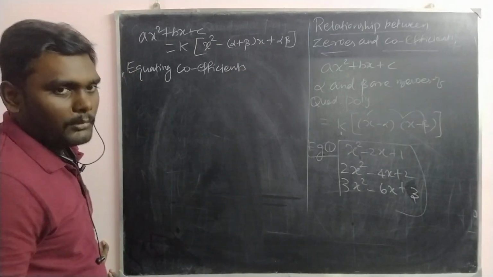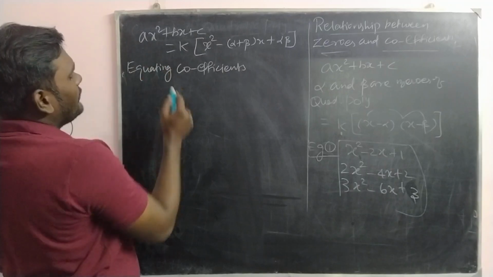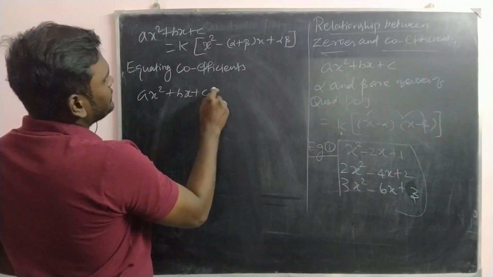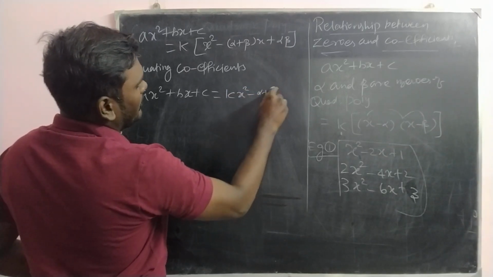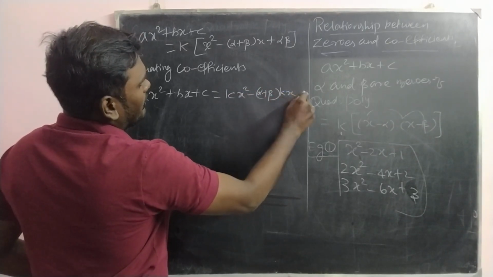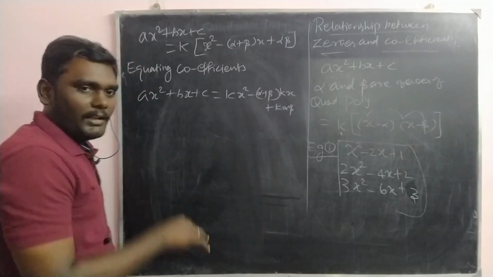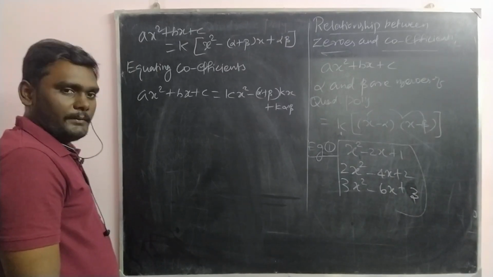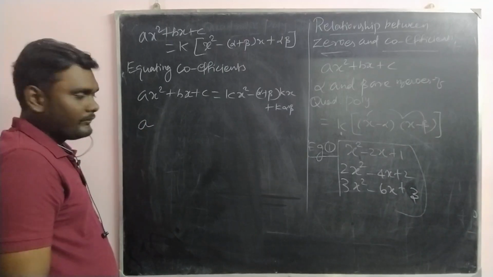Equating coefficients on both sides, we may get, here coefficient of x will be what? Better I will write the product. So it is kx square minus alpha plus beta into kx plus k alpha beta. I multiplied that k inside. Equating the coefficient, yesterday we have seen what is coefficient, right? So here coefficient of x square is a.